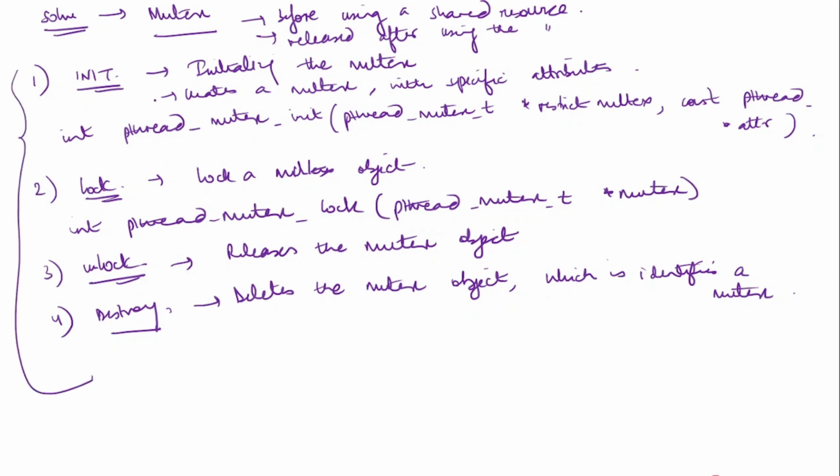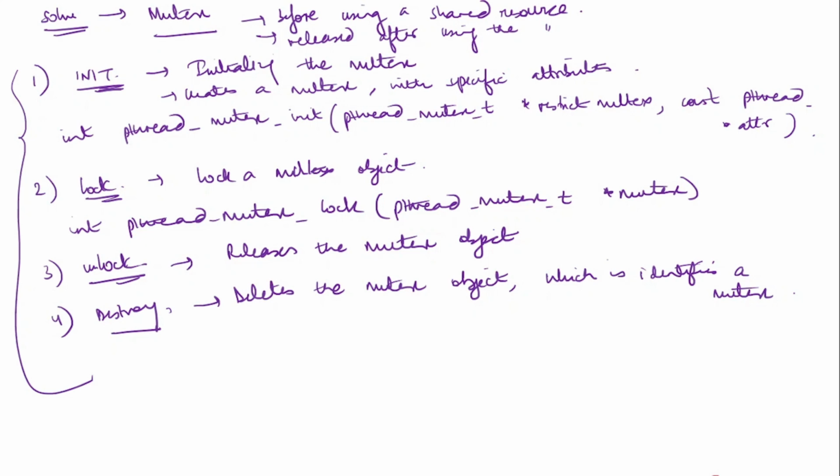What the four functions do: first we are initializing the mutex, then we are locking the critical section with the help of the mutex object. Then we are unlocking it, releasing the mutex object, and finally we are destroying the mutex object.